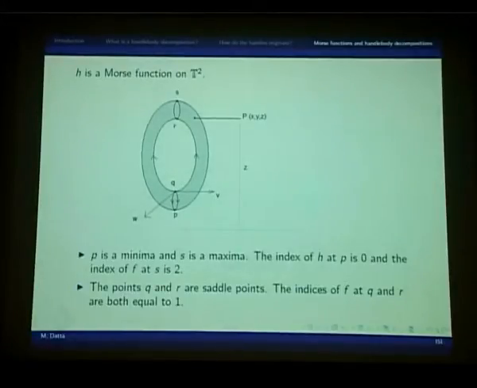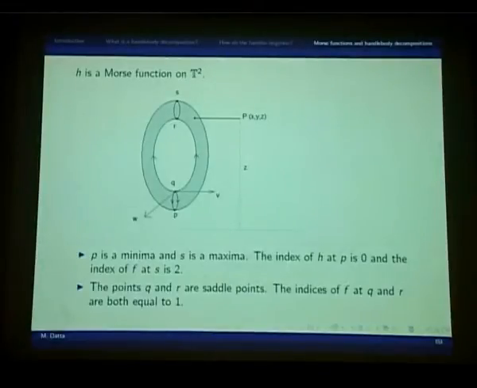The height is the lowest here. As you go up, the height function increases, and as you reach S, that is the maximum value of the height function on the torus, because there is no other point beyond this. So P being a minimum and S being the maximum, they are certainly critical points of the function h.